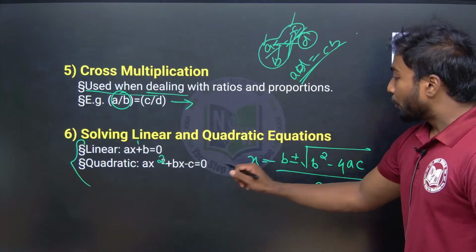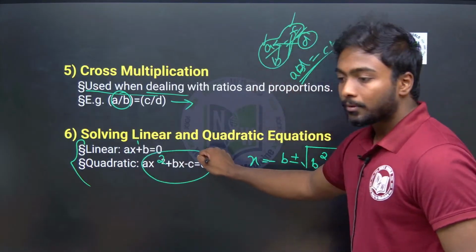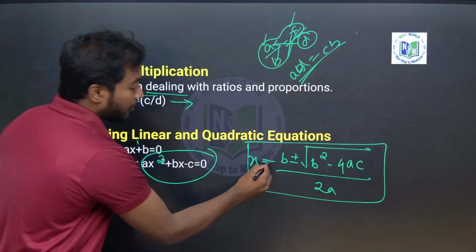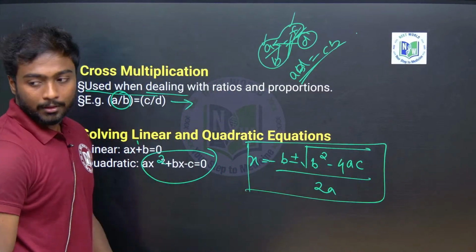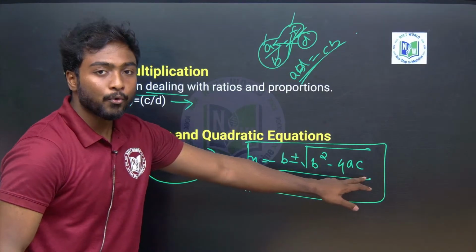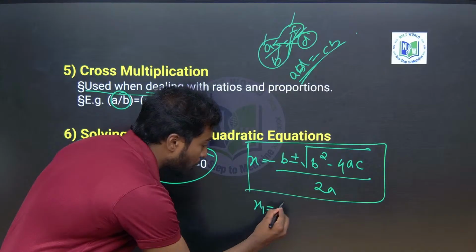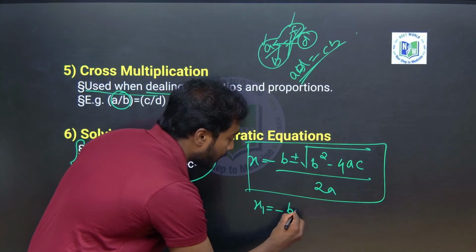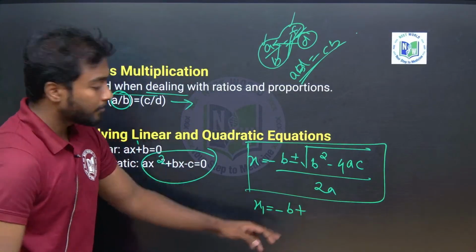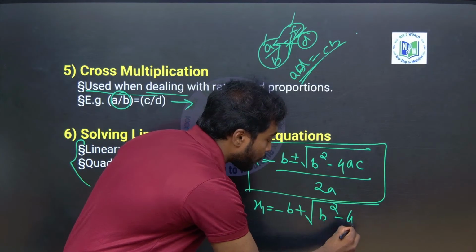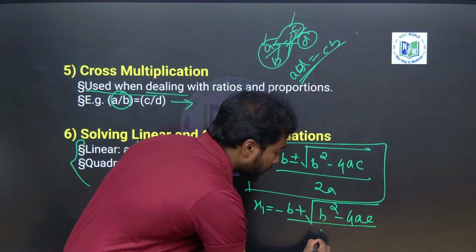So two real values are there for this one. I have written only one here, that is minus b plus or minus root over b square minus 4ac by 2a. I can say x1 will be equal to minus b plus, I will take only plus, under root of b square minus 4ac by 2a.